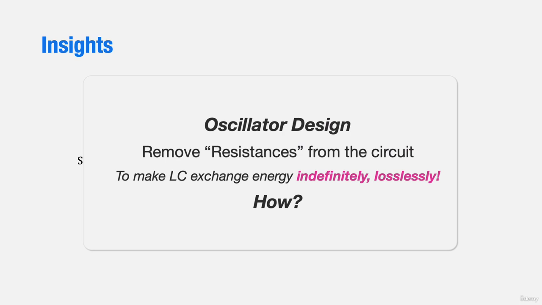The question is, how do we take this resistance out of the circuit? To eliminate the resistance in the circuit, we need to generate negative resistance, which is possible using an active component such as a transistor. This is why oscillators typically incorporate transistors in their circuits.